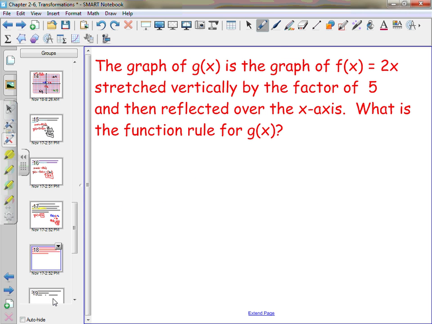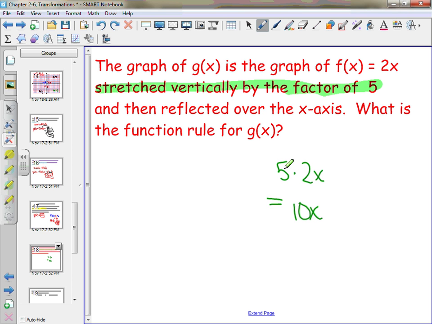The graph of g of x is the graph of f of x equals 2x stretched vertically by a factor of 5. So what does that mean? That's going to be 5 times 2x to give me what? 10x. So I have now stretched this thing. Right? Now what else do I need to do?